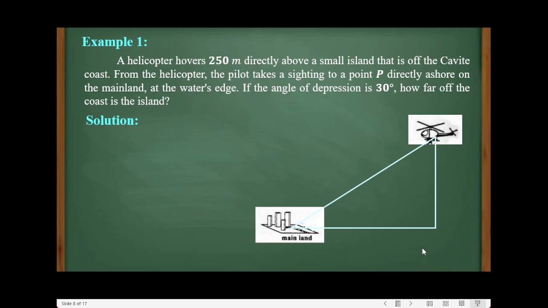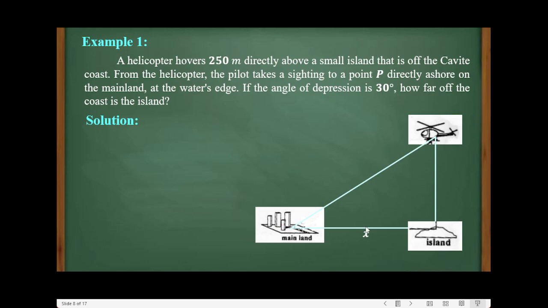Okay, and the vertex at the right angle is what? The island. Okay, now, what is being asked from this problem is the distance between these two, the island and the mainland.